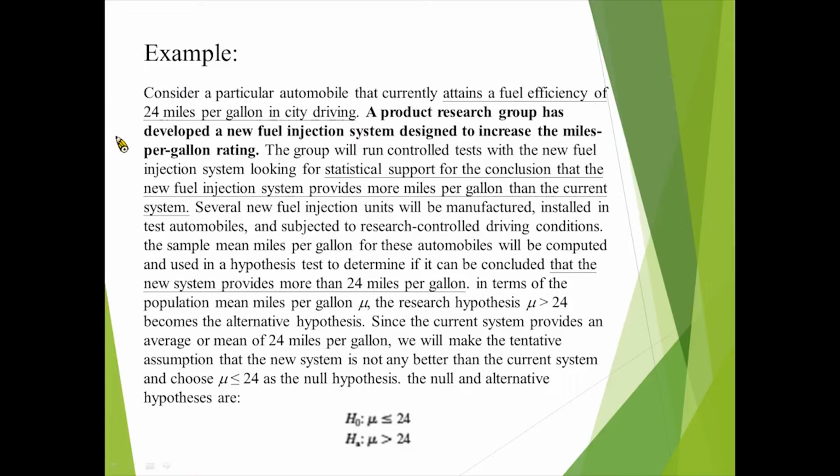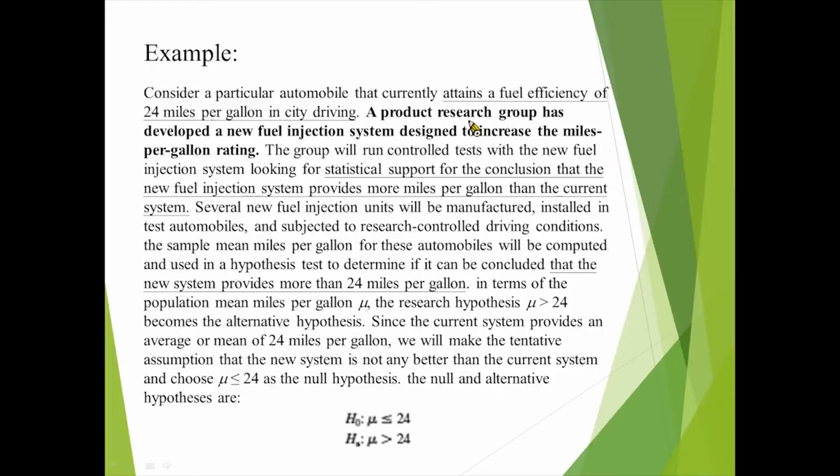Okay, this is the first example. Before we do the SPSS, we can first talk about the question. Consider a particular automobile that currently attains a fuel efficiency of 24 miles per gallon in city driving.